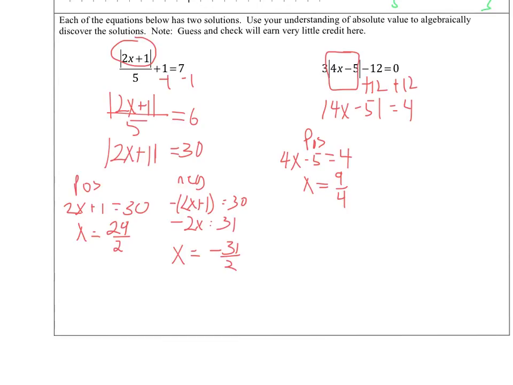Same thing for this one, so we got 4x minus 5. And this is the negative version. This is what would happen if inside the absolute value was negative. And that's going to equal, what did you say, 4? Okay.